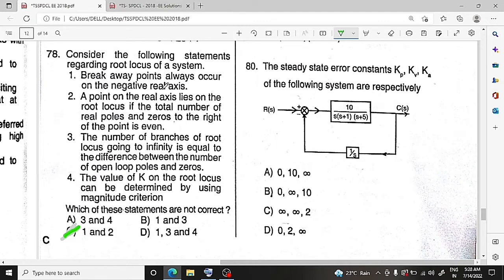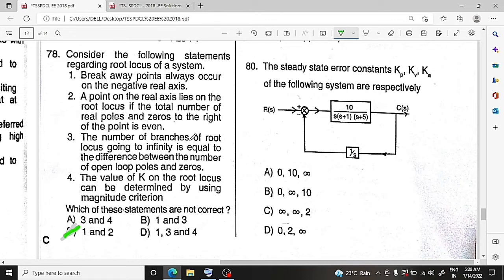So these are the 4 statements, but here the first 2 statements are always wrong, because the breakaway point can occur at any point on the S-plane, and a point on the real axis is said to be a part of the root locus only if the total number of real poles and zeros to the right side of that point is an odd number. Then only we can say that point is on the root locus.